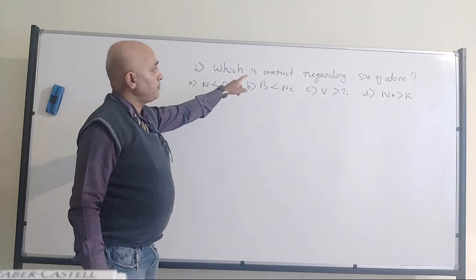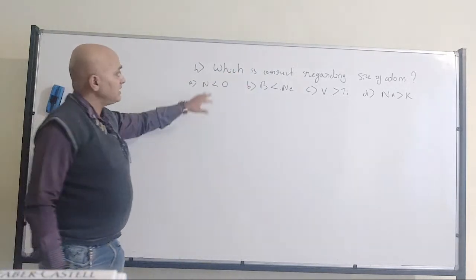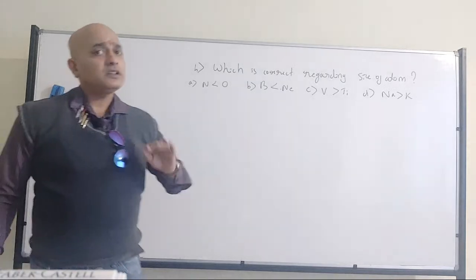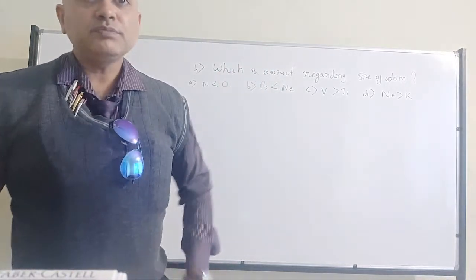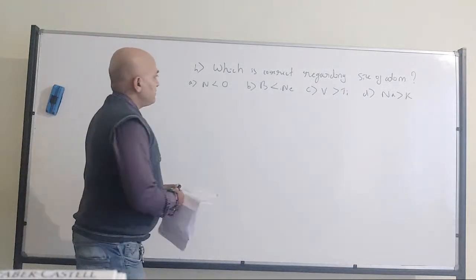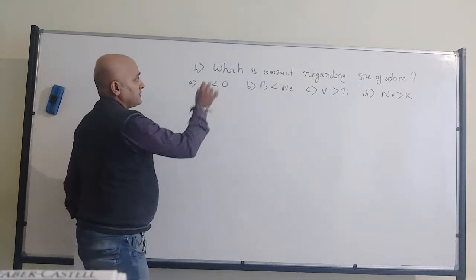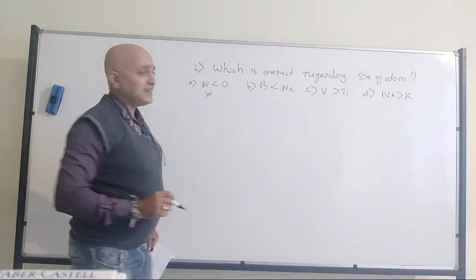See the question properly. Which is correct regarding the size of the atom? Do you really agree nitrogen is smaller than oxygen? No. Oxygen is smaller compared to nitrogen, because oxygen comes after nitrogen. So this is wrong.